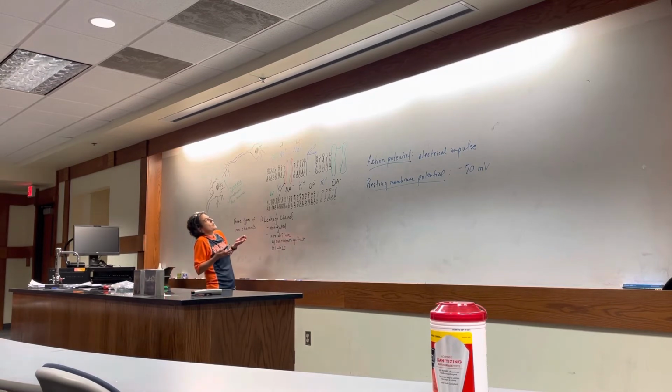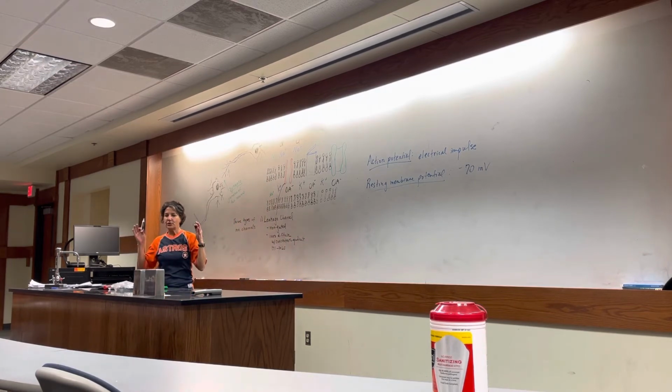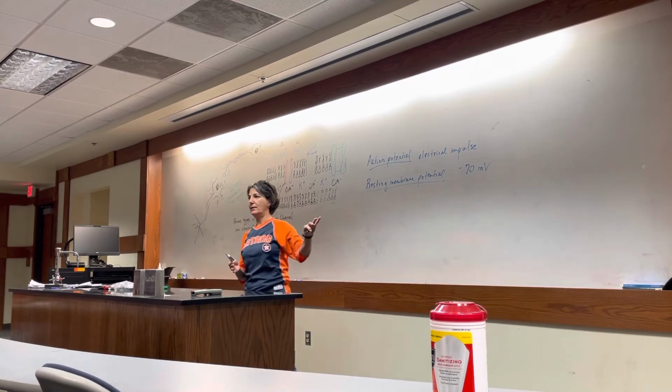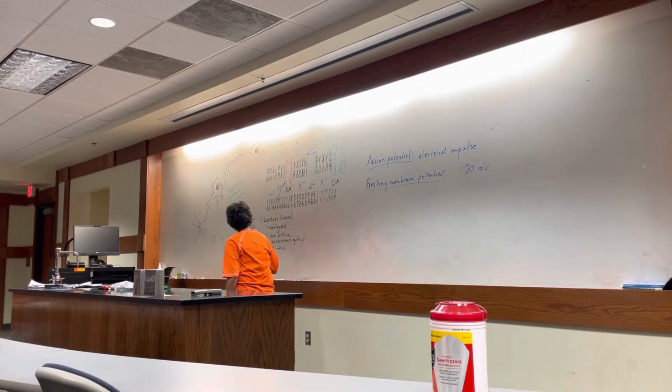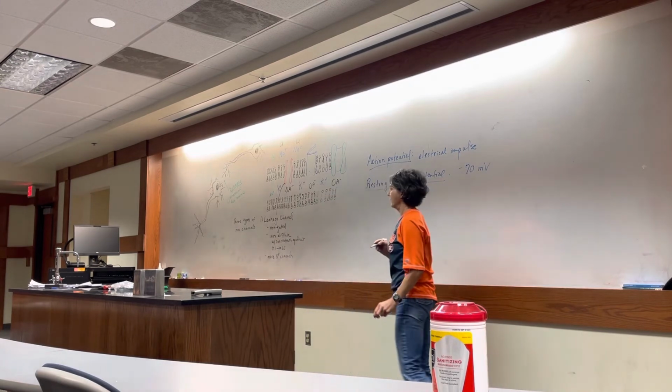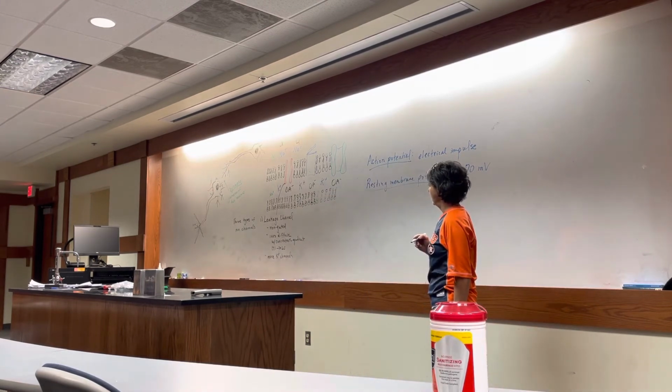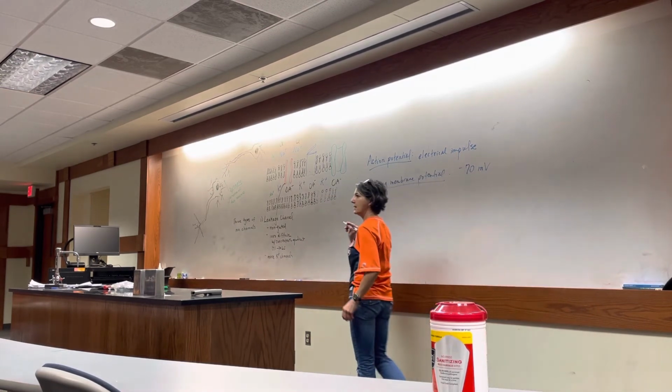If it's a different shape, it might be specific to sodium, and so on. So there are sodium leakage channels, chloride leakage channels, potassium leakage channels and so on. In general, there are more potassium leakage channels.